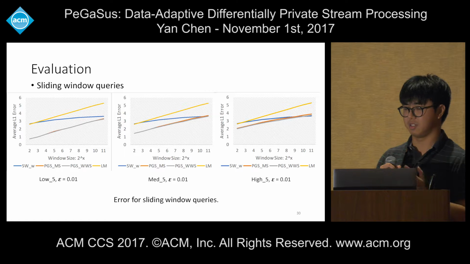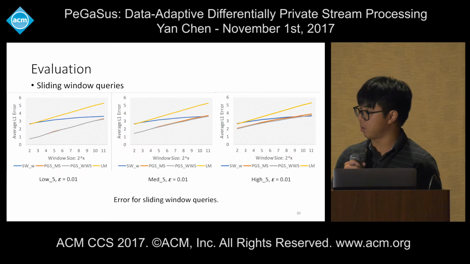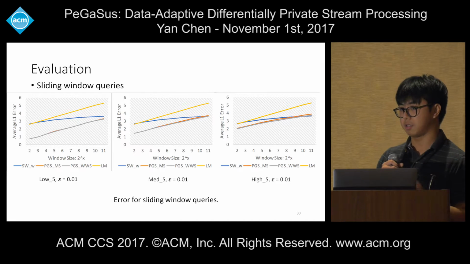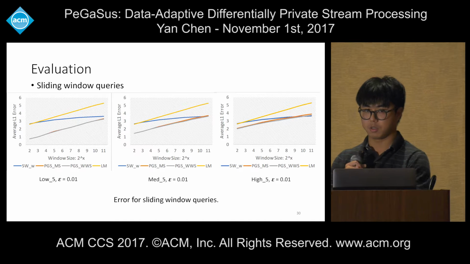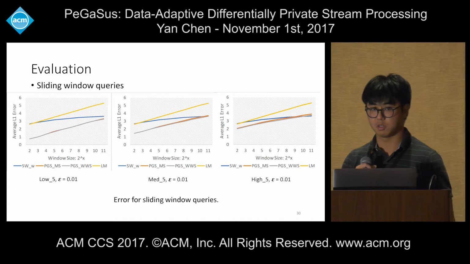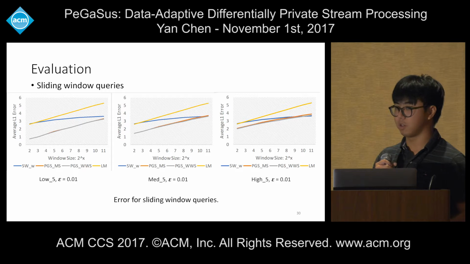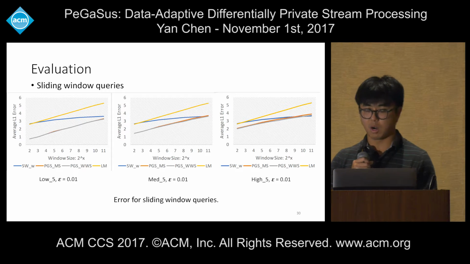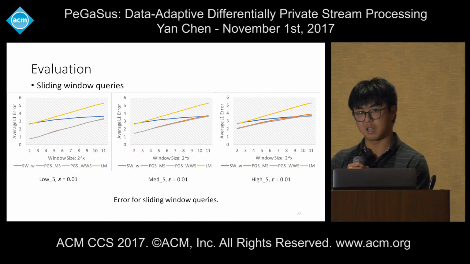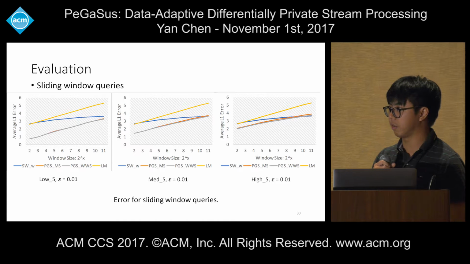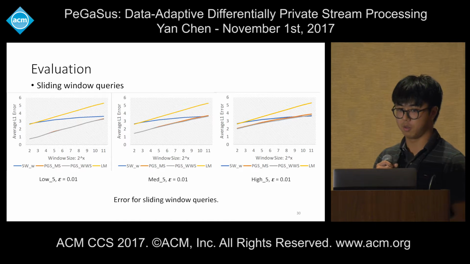And when the window size is not too big, smaller than 2 to the power of 8, our Pegasus algorithms outperform the previous state-of-the-art W-window sum algorithm. Comparing our 2 Pegasus algorithms, the one which uses a smoother designed specifically for sliding window queries is consistently better than the other one.